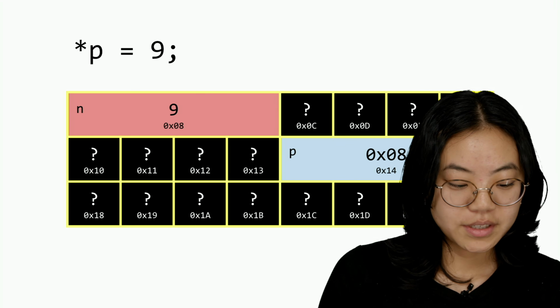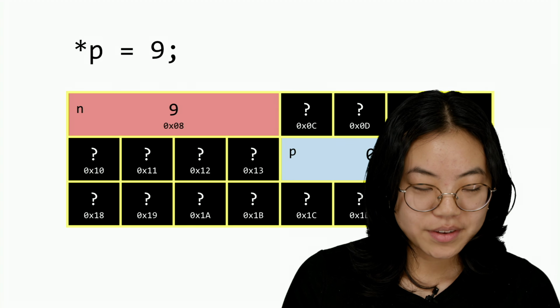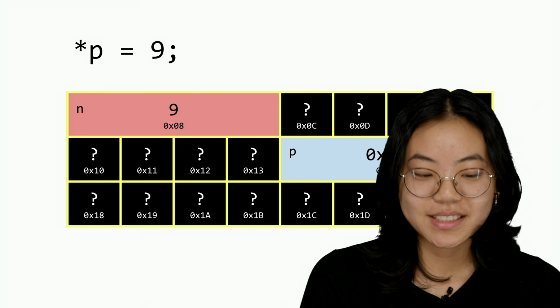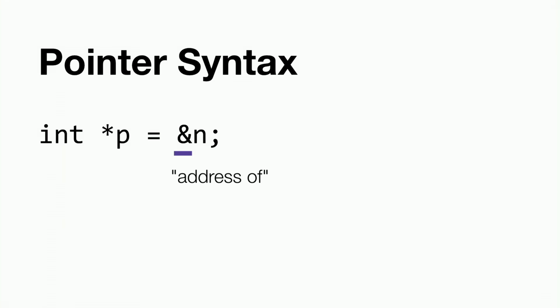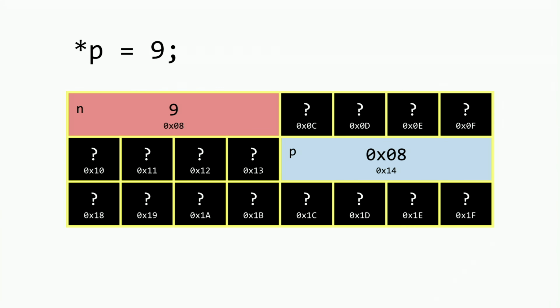And then we can see here we have another new piece of syntax. So star p equals 9. What's important to note is that the star here is not being used the exact same way as the star we just saw a second ago with this declaration. This star means go to, or dereference, the address stored at p.